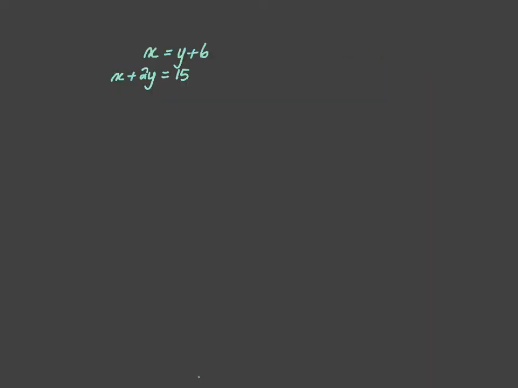Here we have a set of simultaneous equations that we need to solve. They are just two abstract equations. You haven't been given a real-world context, but it makes no difference. If I call the top one equation 1 and the one underneath equation 2, and I look at it, I see in equation 1, it says x is equal to y plus 6.